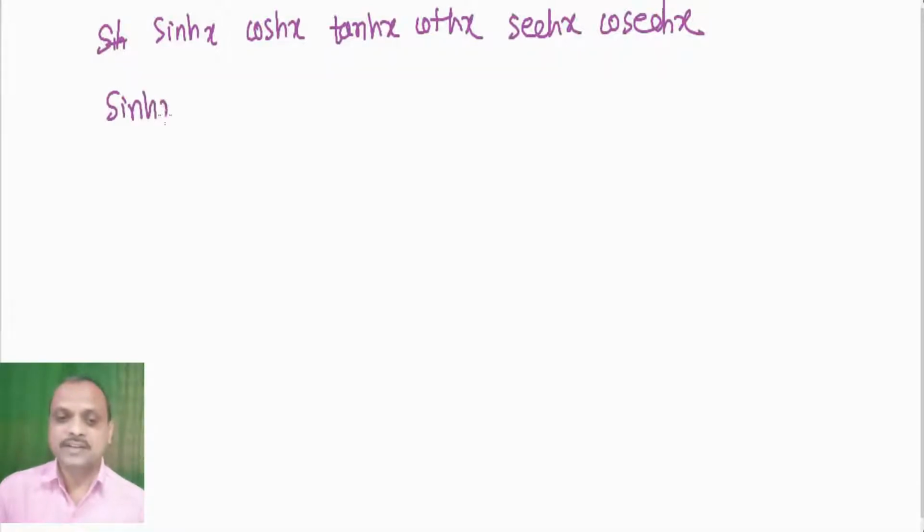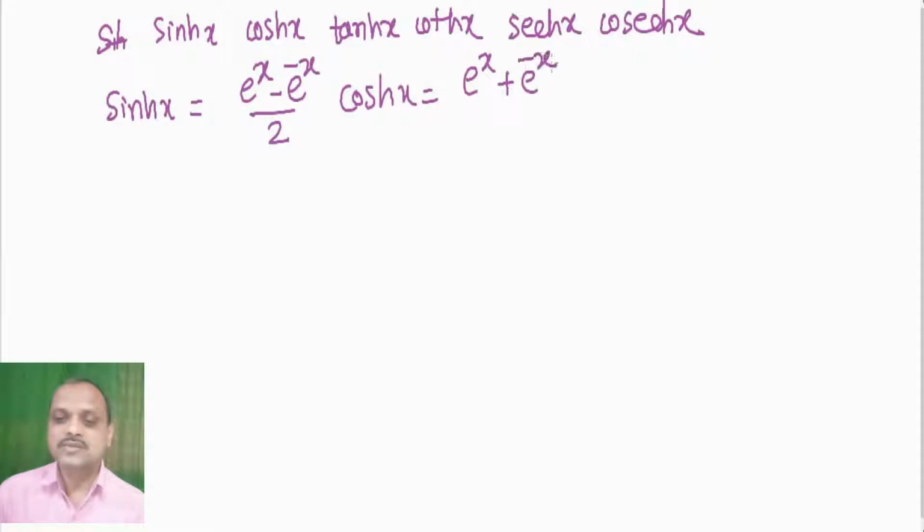Sinh x equal to e raised to x minus e raised to minus x divided by 2. Cosh x equal to e raised to x plus e raised to minus x divided by 2.